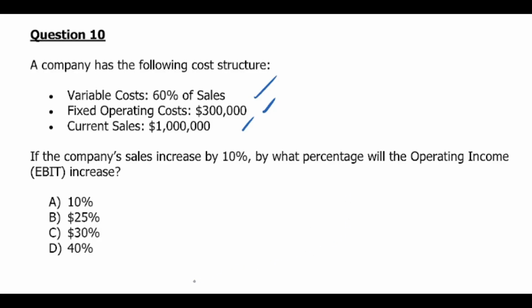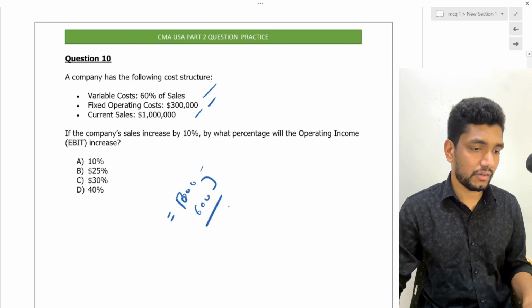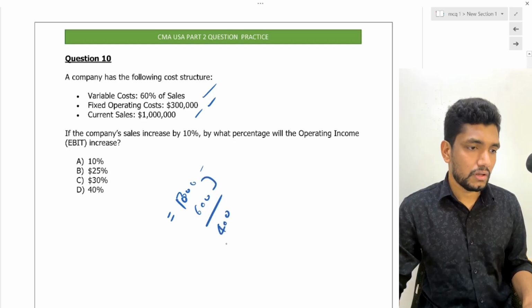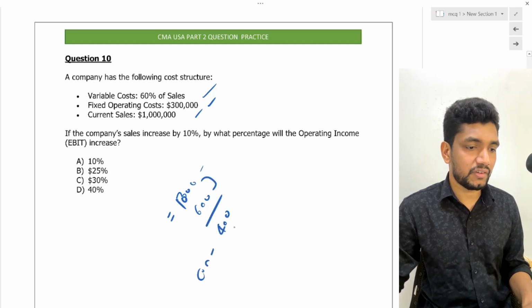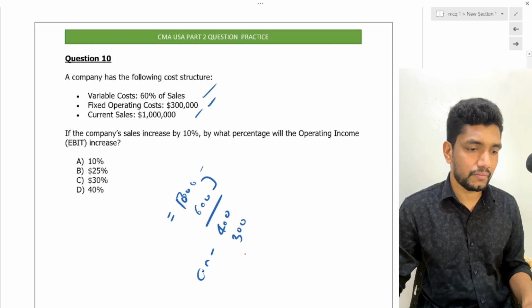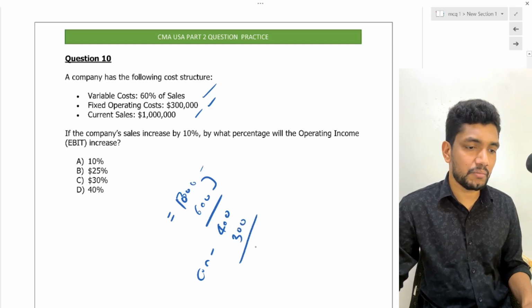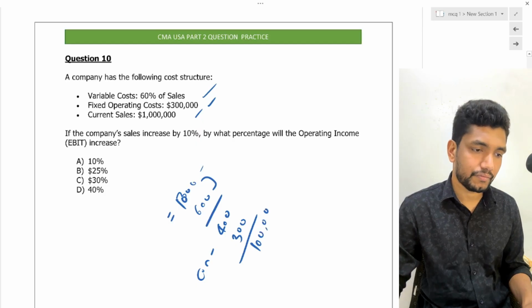The current sales are 1 million. Then you have to deduct your variable cost, that is 600,000, which is 60%. This is your contribution. And the fixed operating cost is 300,000. So the current operating income is 100,000.